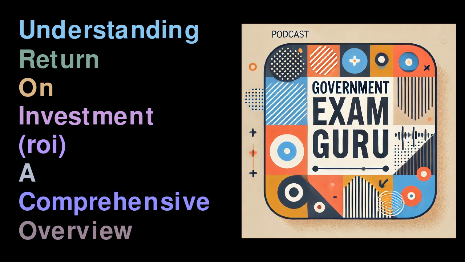Limitations of ROI. Despite its advantages, ROI has significant limitations. 1. Time factor. ROI does not account for the time dimension of an investment, which can lead to misleading conclusions when comparing long-term and short-term investments. 2. Opportunity costs. ROI doesn't consider alternative investment opportunities that the investor might miss out on during the investment period. 3.